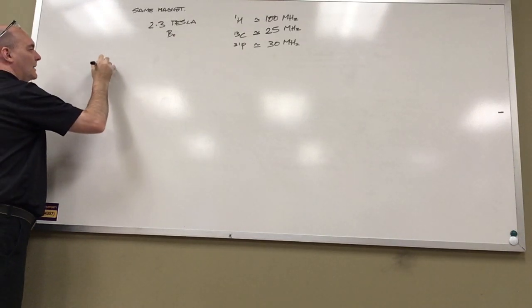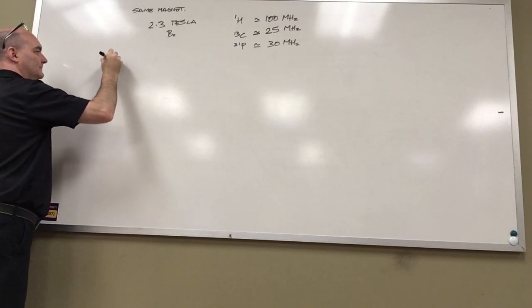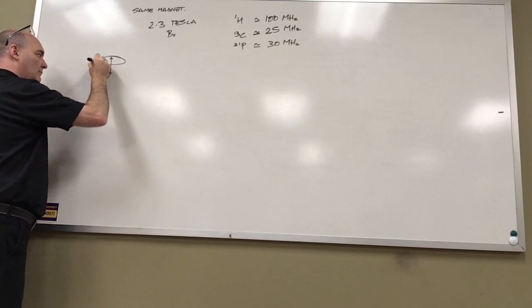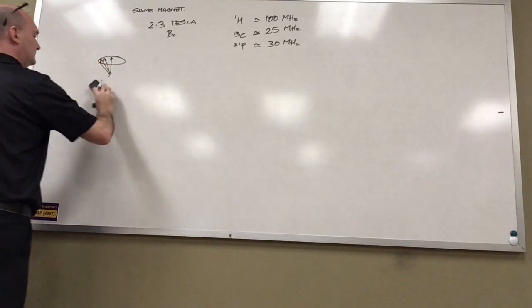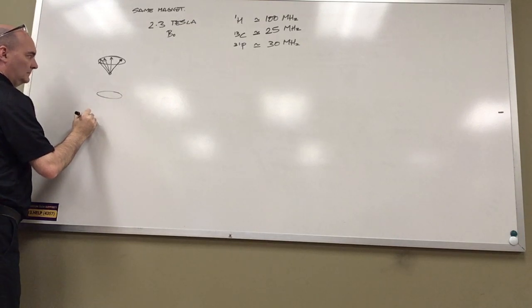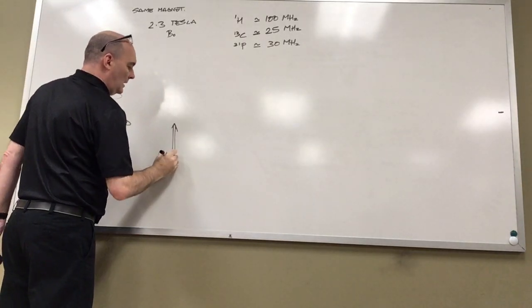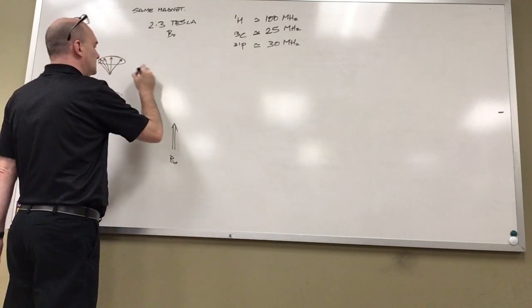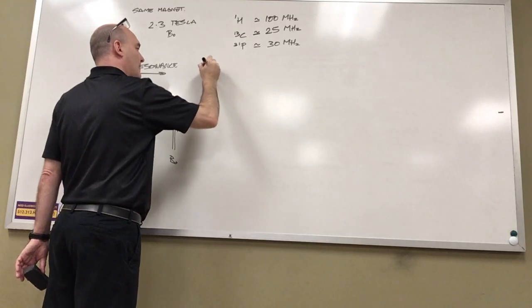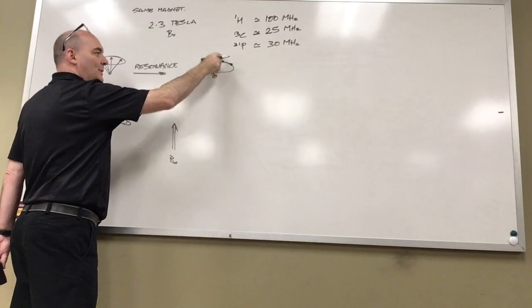So, from here, sample into resonance. Then my little individual magnetic moments are going to precess.